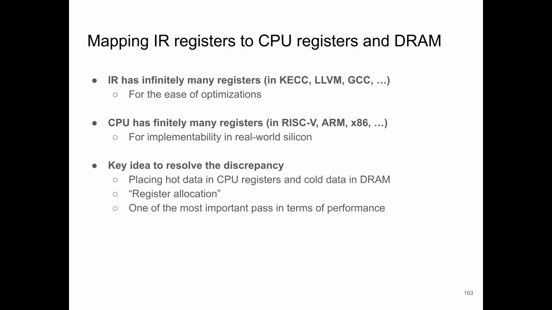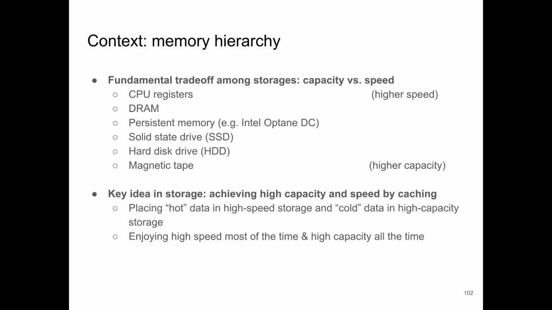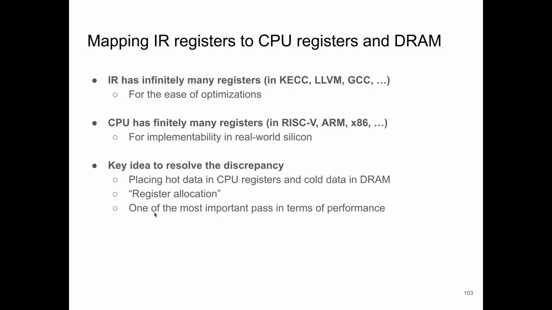So the key idea here is that, as we discussed in the previous slide about the storage hierarchy, the key idea of the storage is placing hot data and cold data wisely. So again, we should place hot IR registers into CPU registers and cold IR registers in DRAM.